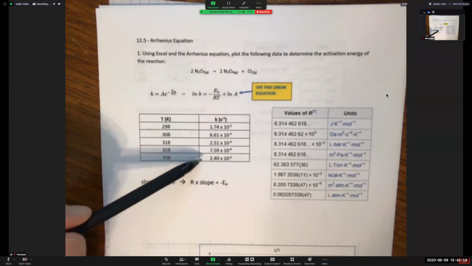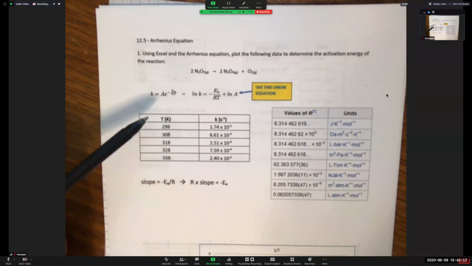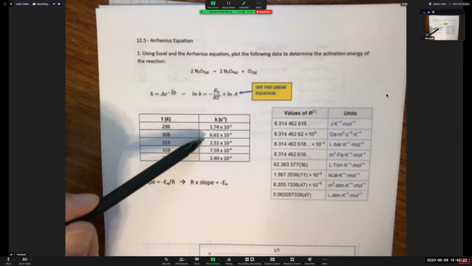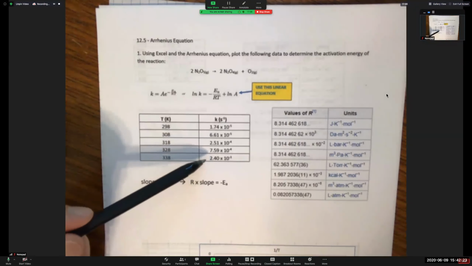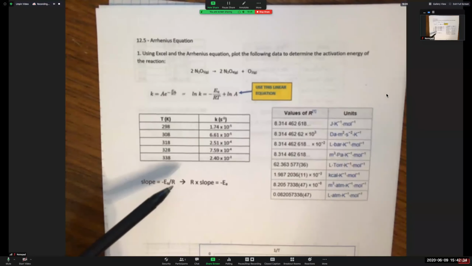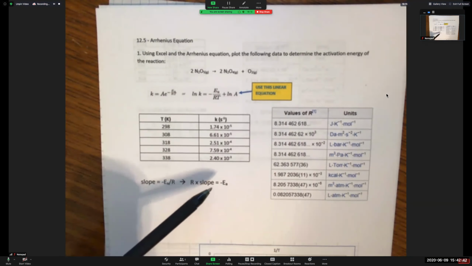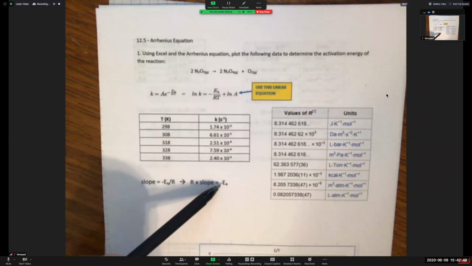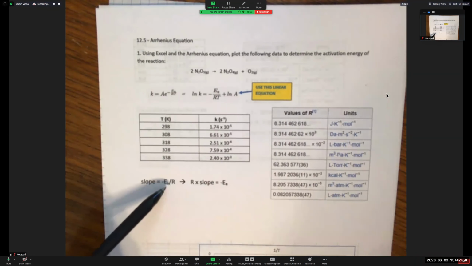So if we take the inverse of the temperature and take the log of k, and plot the log of k along the y-axis and the inverse temperature along the x-axis, the slope will be equal to minus activation energy over R. We can rearrange that to find the activation energy: R times the slope equals the negative activation energy. So it's a simple algebraic rearrangement here.